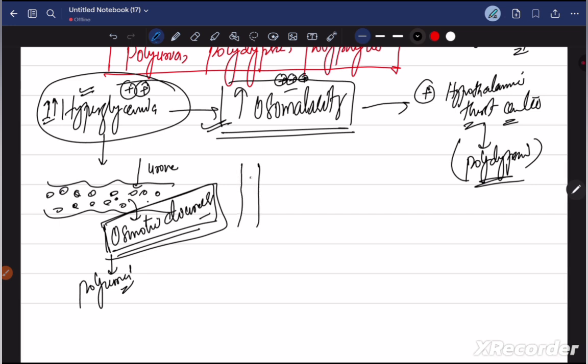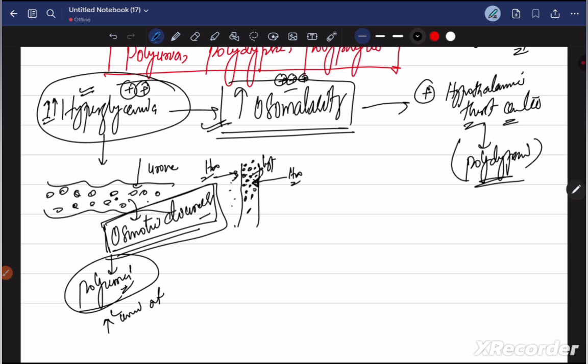These glucose molecules inside the urine make the concentration hypertonic, and they drag water from the circulation and lead to polyuria, meaning increased urine output.